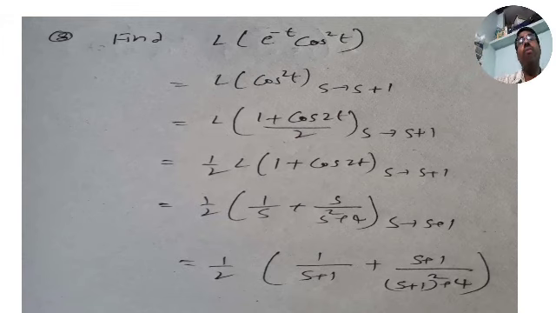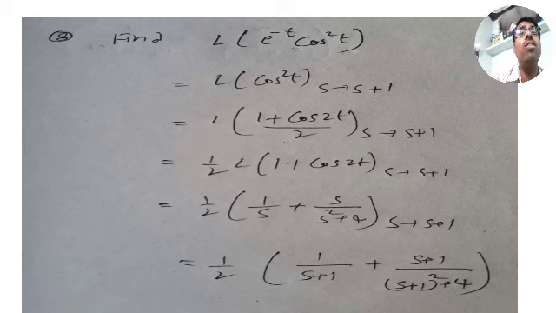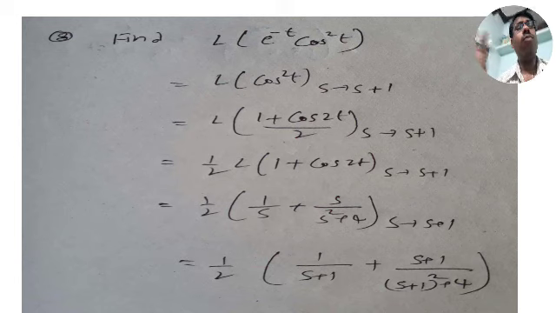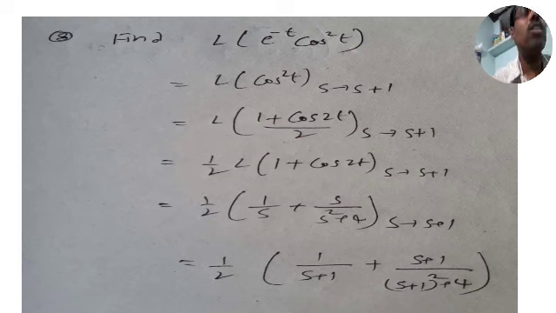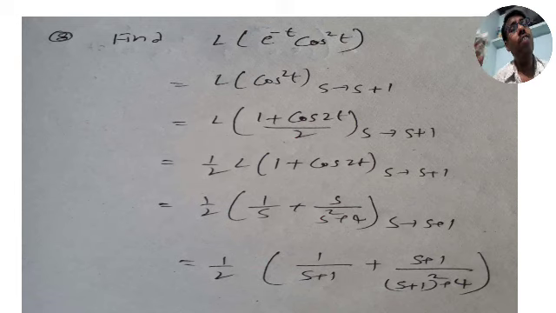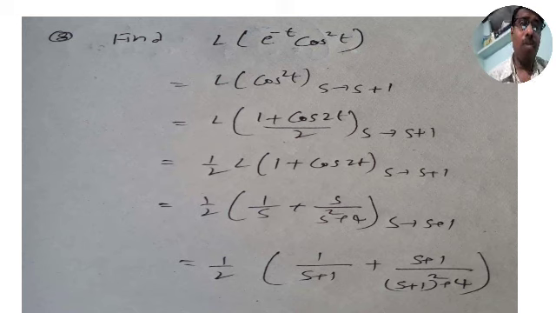Find L of e power of minus t into cos square t. It is very easy to identify the problem. If you are asked to find the Laplace transform of a product of two functions, in which one of them, I am saying one of them, not the first one, is exponential, then you can apply the first shifting theorem.